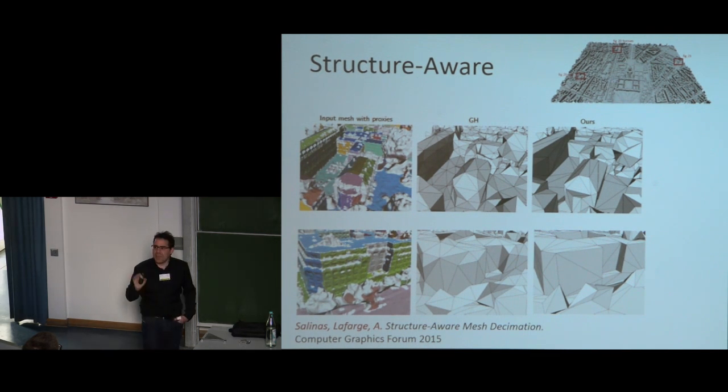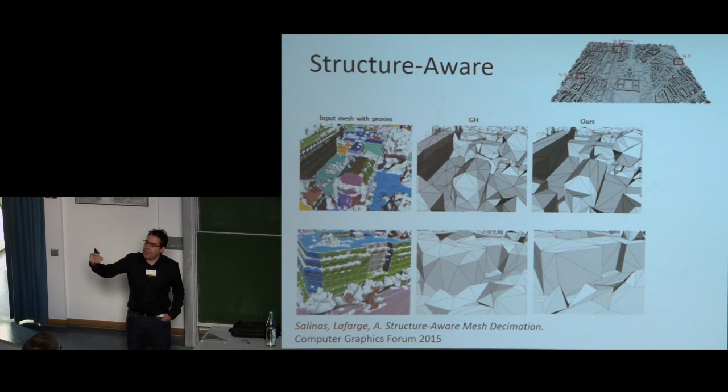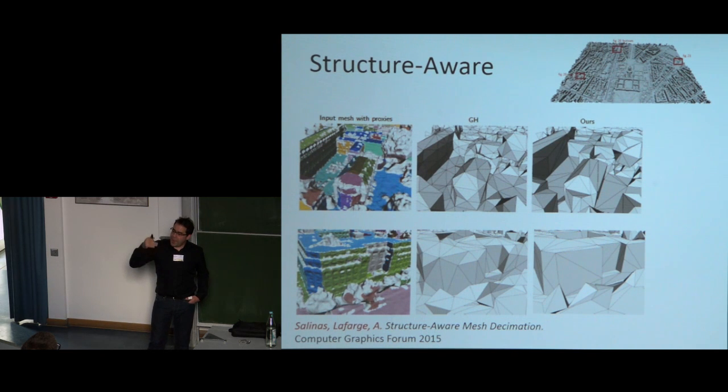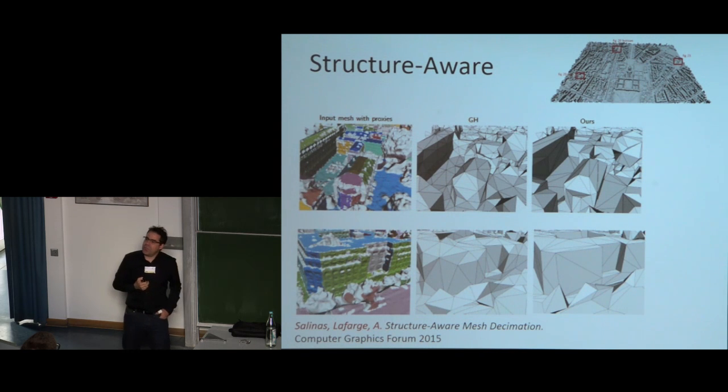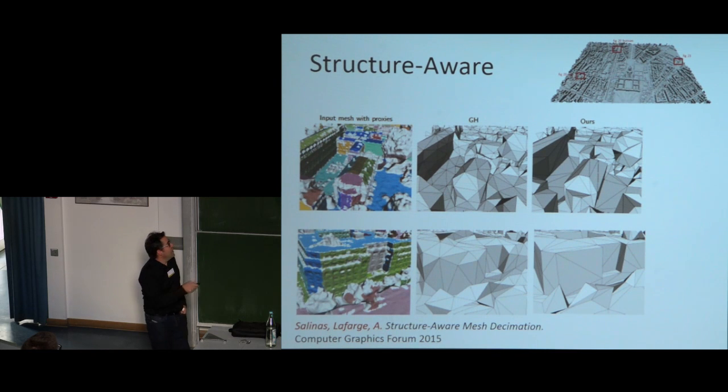If you use the standard quadric approach, you will not be performing well. But if you augment the set of planes that come from the triangles, the way I explained before, with the set of planes that come from a planar detection step, plus some other structure-preserving rules, then you will better preserve the structure.